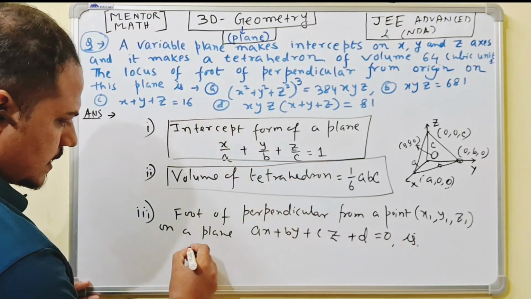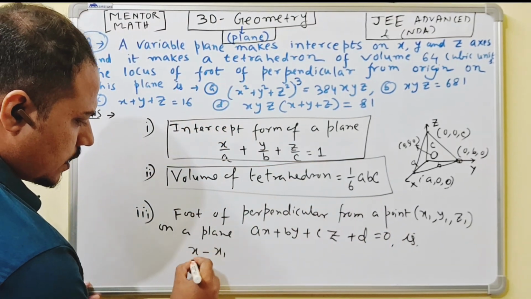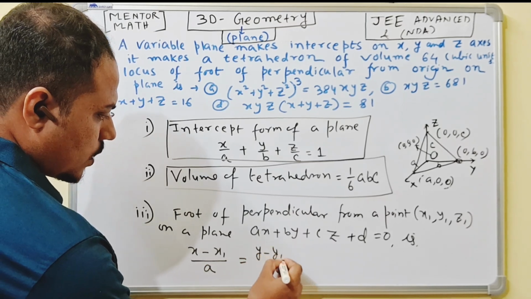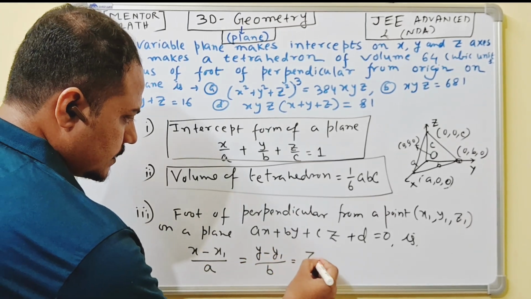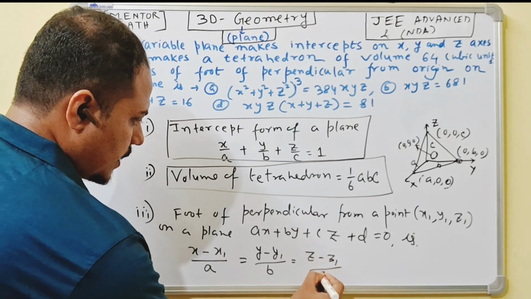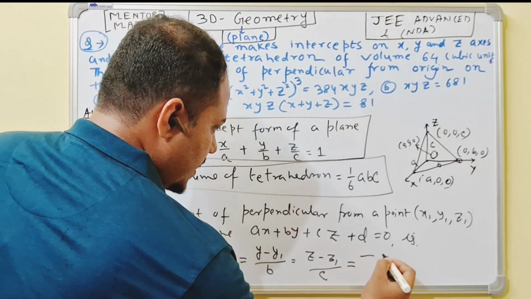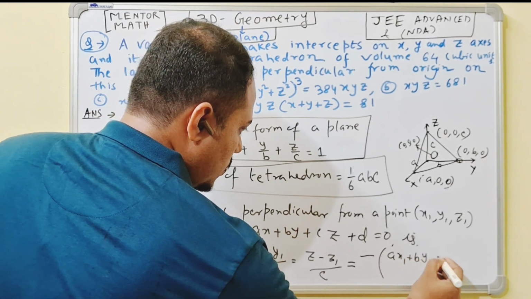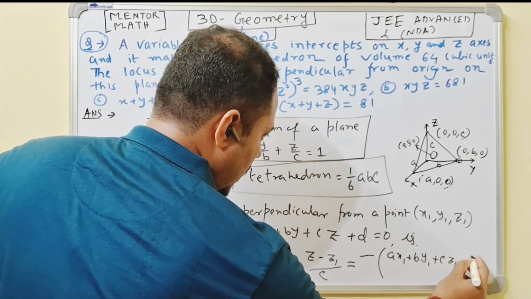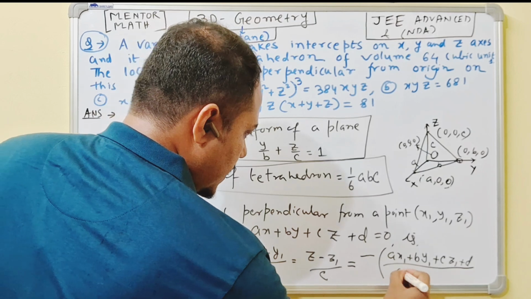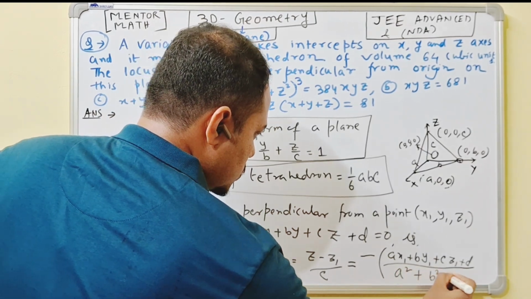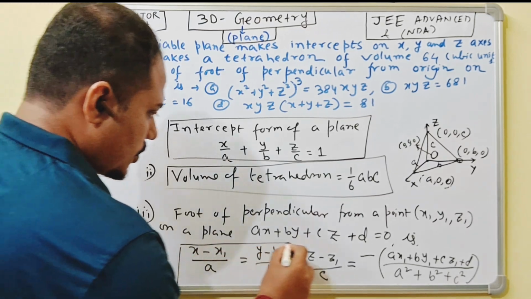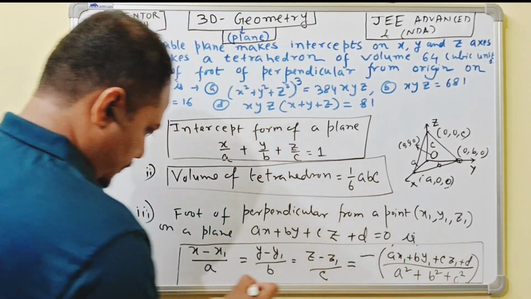The foot of perpendicular is given by x minus x1 by a, y minus y1 by b, z minus z1 by c is equal to minus of ax1 plus by1 plus cz1 plus d by a square plus b square plus c square. This formula is very important, you have to know it.